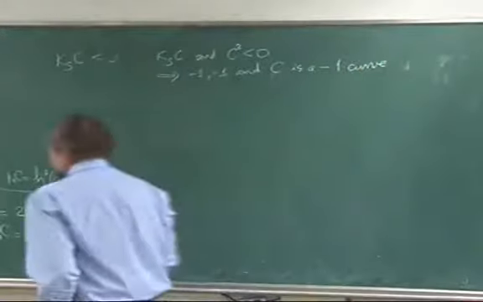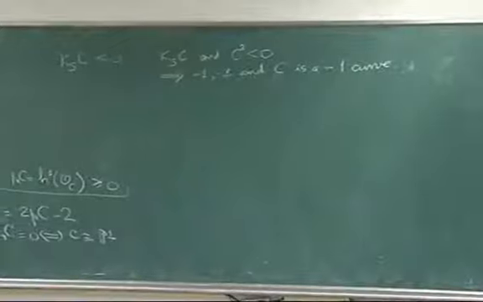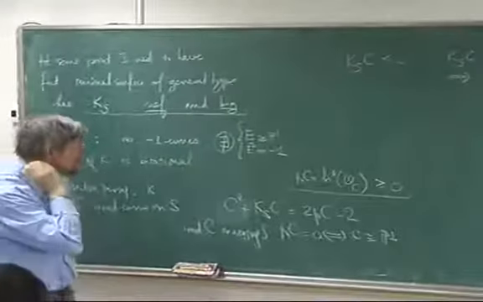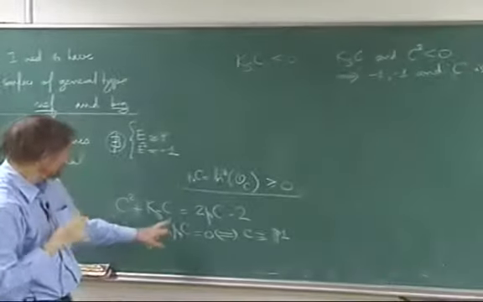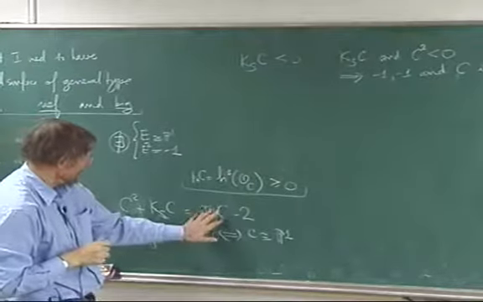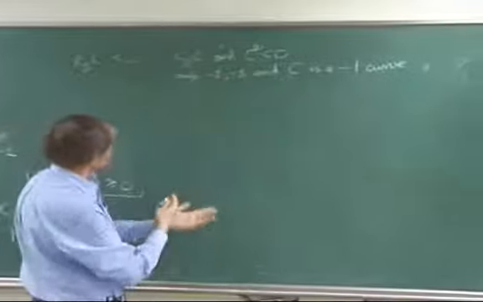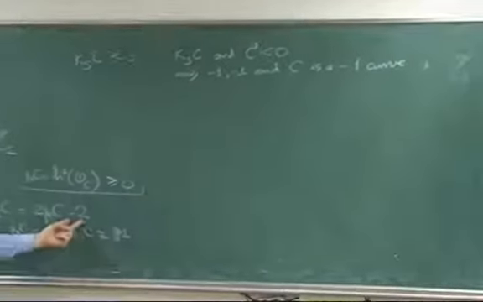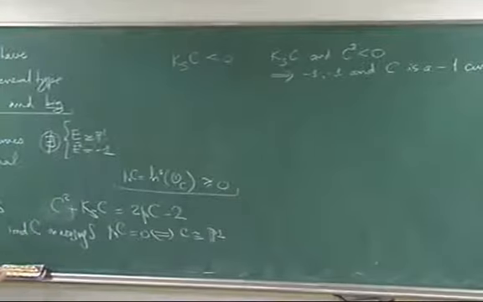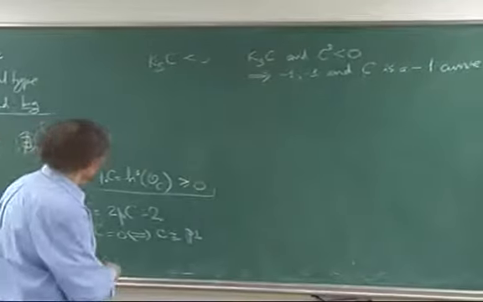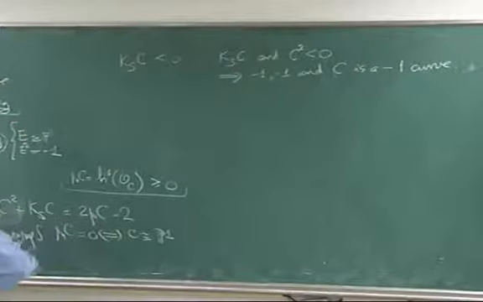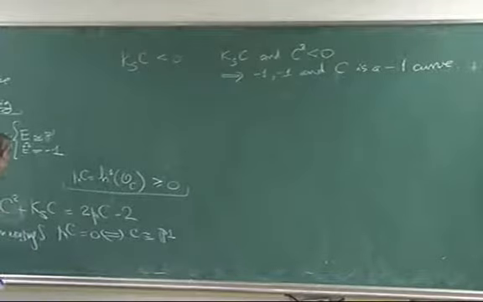And that contradicts minimality. Right? Because these are two numbers that are supposed to add up to something which is greater than or equal to -2. If both of these are negative, then they both have to be -1. And so from what I told you, this already gives it.